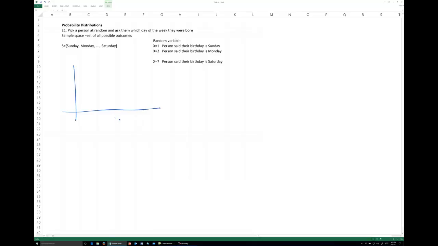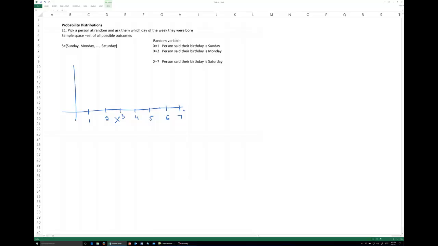So I write the letter X as a shorthand for my outcomes, and X can take on the values 1, 2, 3, 4, 5, 6, and 7, the 7 days of the week.